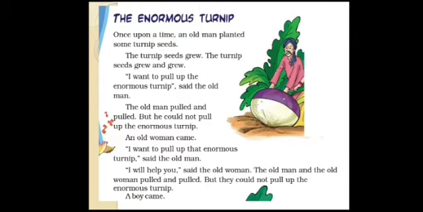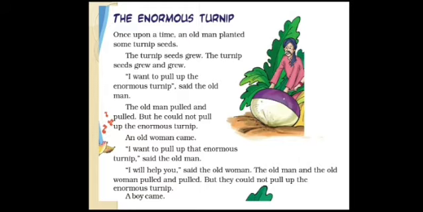Then "I want to pull up the enormous turnip," said the man. It is fully grown now, and it is time to pull it up. That's why the man said, "I want to pull up the enormous turnip."